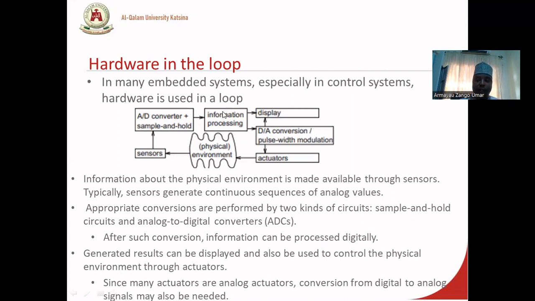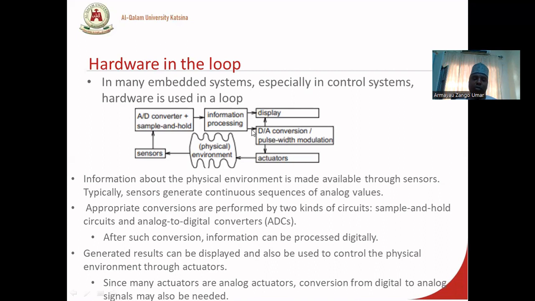Of course, there can be analog processing computers, but in this course we focus mainly on digital embedded systems. Here, this information that has been sensed from the environment and converted into digital is processed, and then we can have a display. For example, if you have a sensor that is monitoring your tire pressure, and the tire is deflated, this information can be displayed on the dashboard.